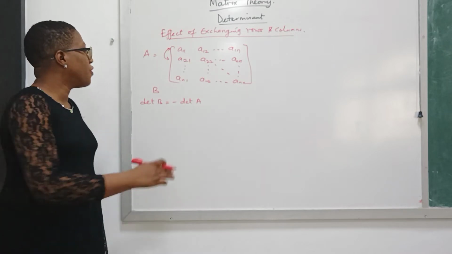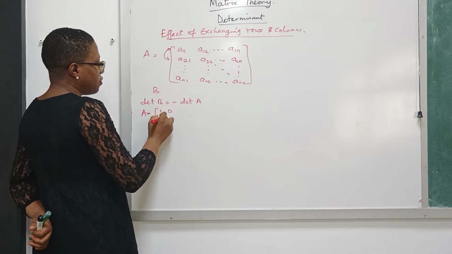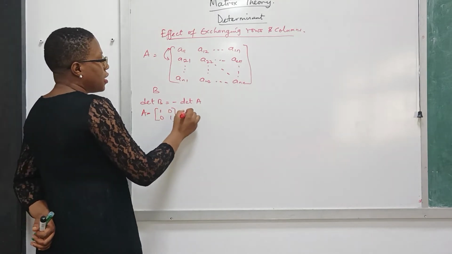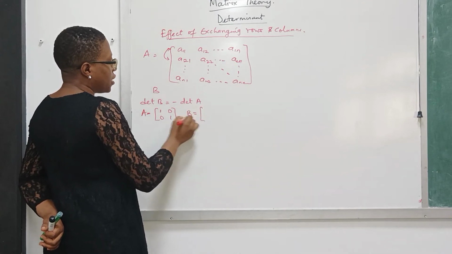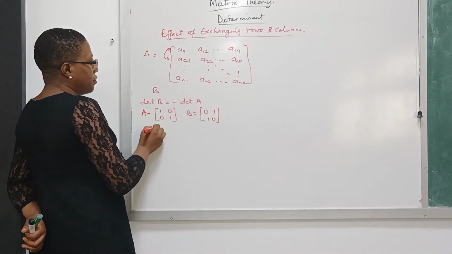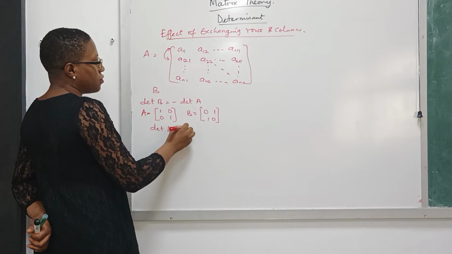So for example, if A is the identity matrix 1 0 0 1, and B is the matrix where I exchange these two rows, 0 1 1 0, then the determinant of B is equal to minus the determinant of A.